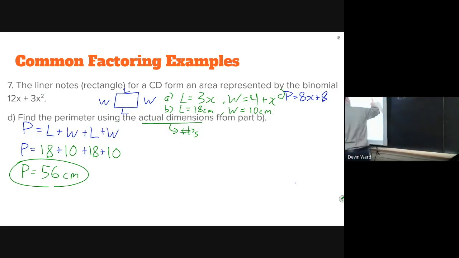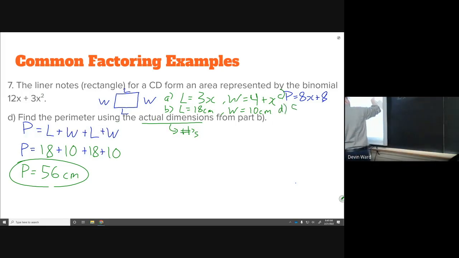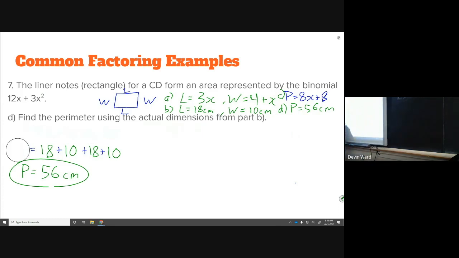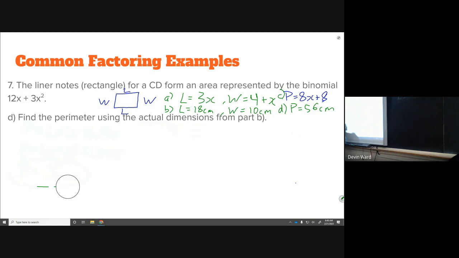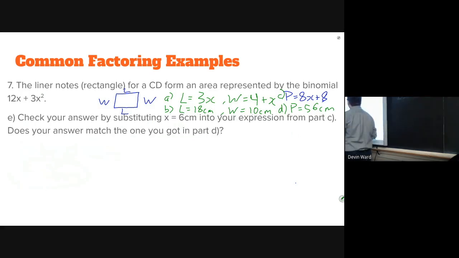Our last step. So in D, we found that the perimeter is 56 centimeters. Now, our last question.